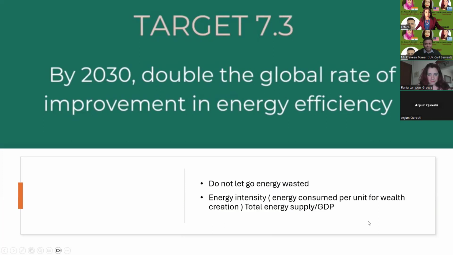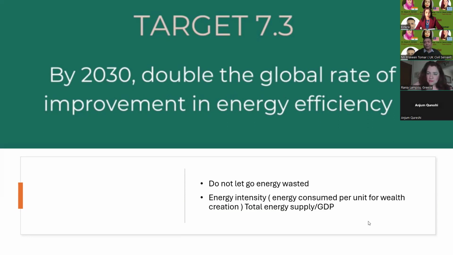So quickly moving on to the third sub target of SDG goal 7, affordable and clean energy for everyone, which is, by 2030, double the global rate of improvement in energy efficiency. So what does it mean? It's quite a complex statement. It means we need to improve the way we generate energy, transmit energy through transmission lines, store energy, and manage our energy, improving efficiency while also lowering carbon emissions.